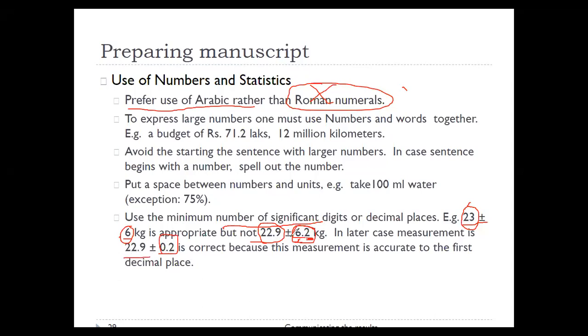But if the accuracy is more, or the deviation is less, of the order of 0.2, then we can use this significant figure. So we should appropriately use the numbers in the particular manuscript, right?